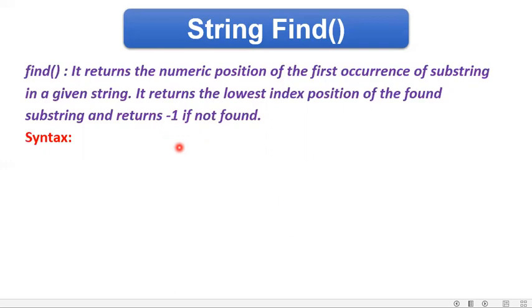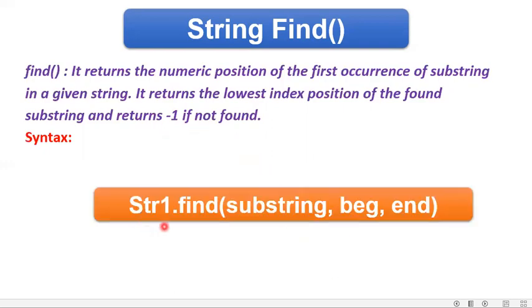So what is the syntax for the same? Let's discuss str1.find. Here str1 is a variable name which is holding a string out of which we are looking for a substring. Find is a function name which contains 3 parameters over here. The first parameter is the substring, which we are looking for.